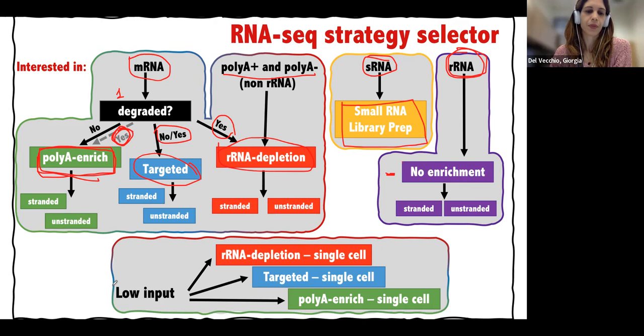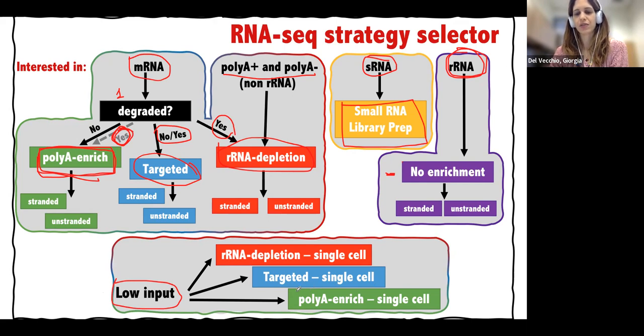So let's go now to the low input or single cell RNA-Seq. Again, it depends on the quality of your RNA. If the quality is good, you can use the Smart-Seq approach, or the 10x 3' approach.